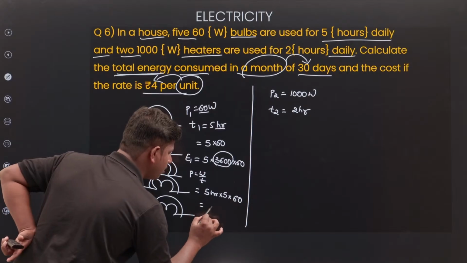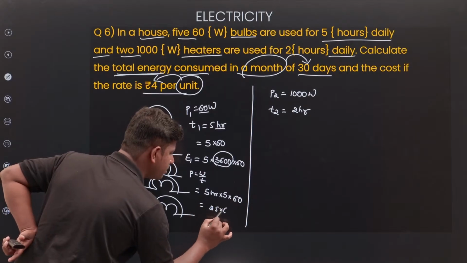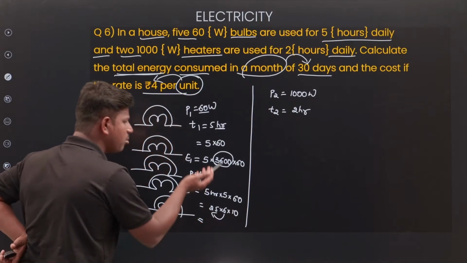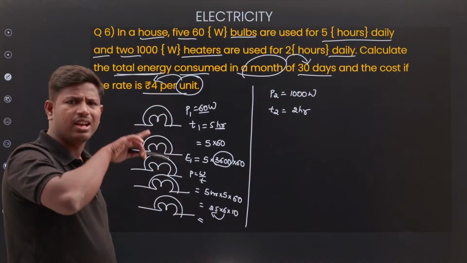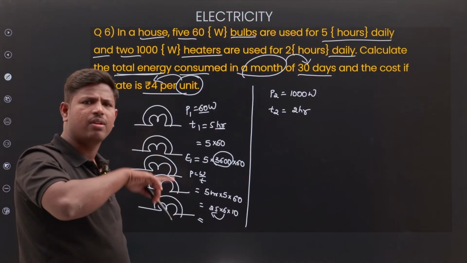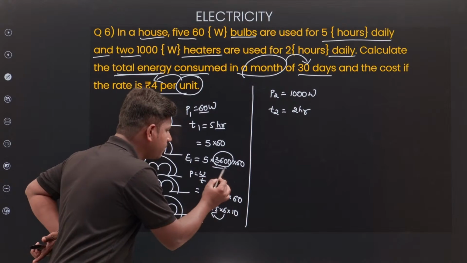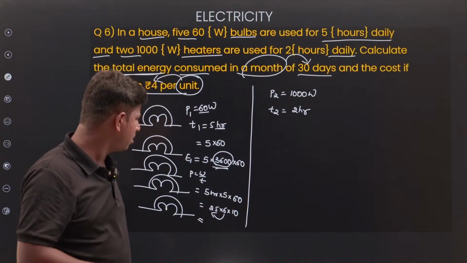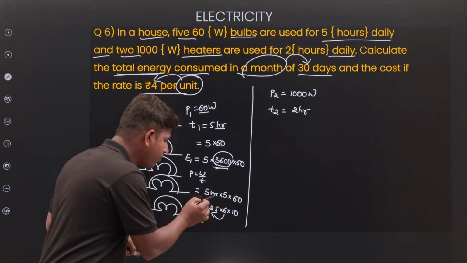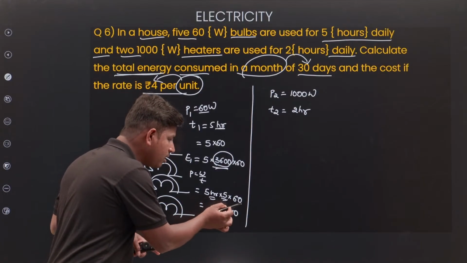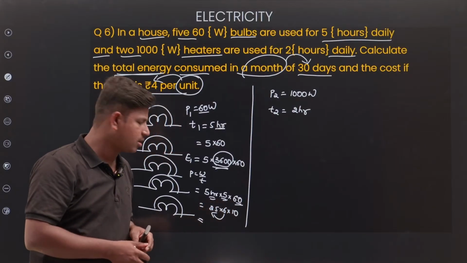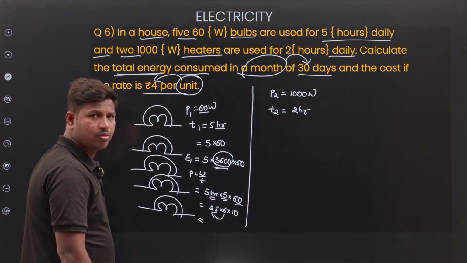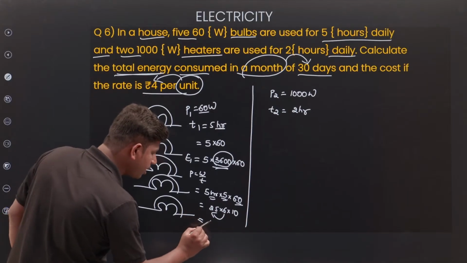Calculate 25 into 60, 6 into 10. I am taking kWh only, because finally I will convert into units. So instead of taking 3600, I am converting into units. 5 hours, 5 bulbs, each bulb 60 watts. Then 6 into 25, 150, right?